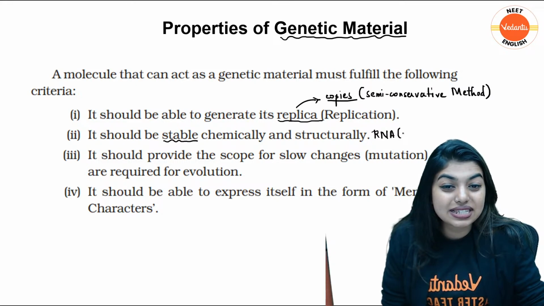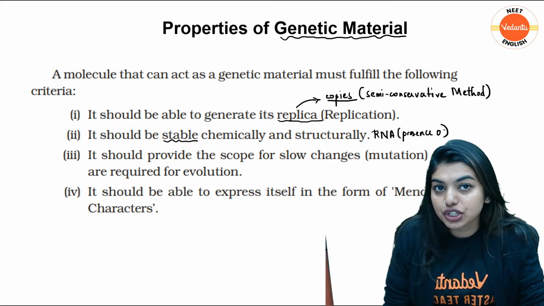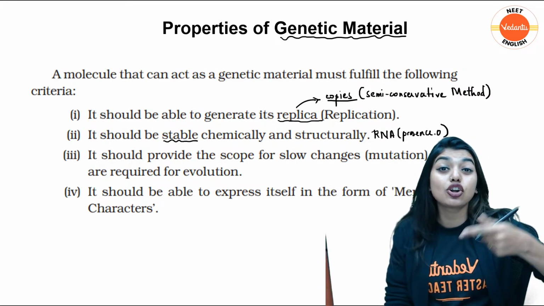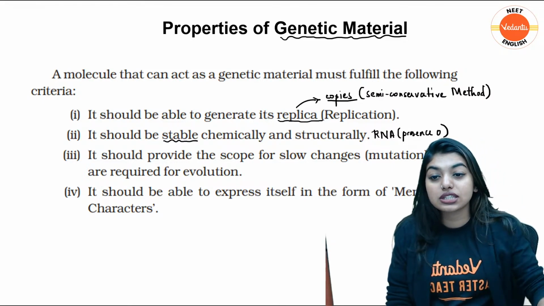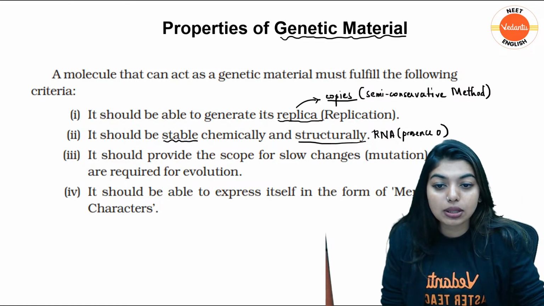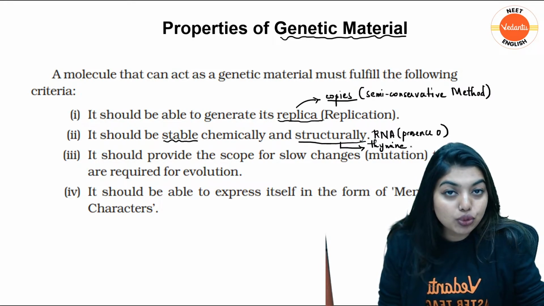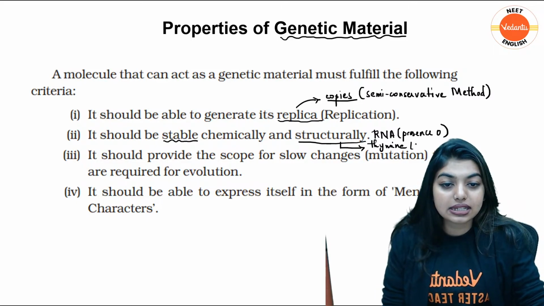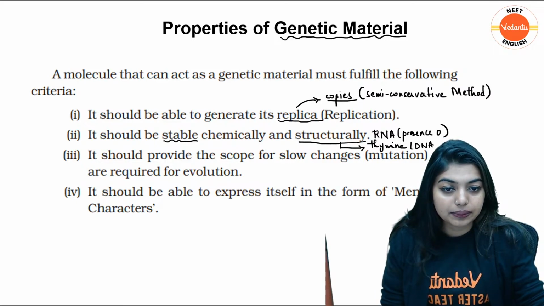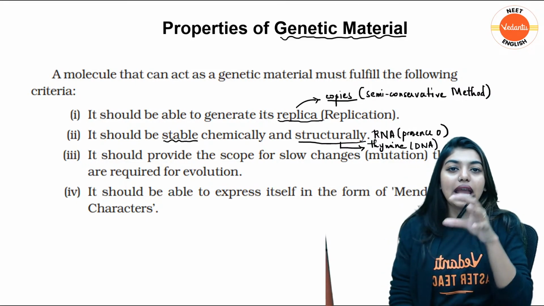RNA has the presence of one extra oxygen, because of which RNA is not stable, but DNA is more stable. And structurally also, the presence of thymine instead of uracil in DNA makes it very, very stable. Is this clear?